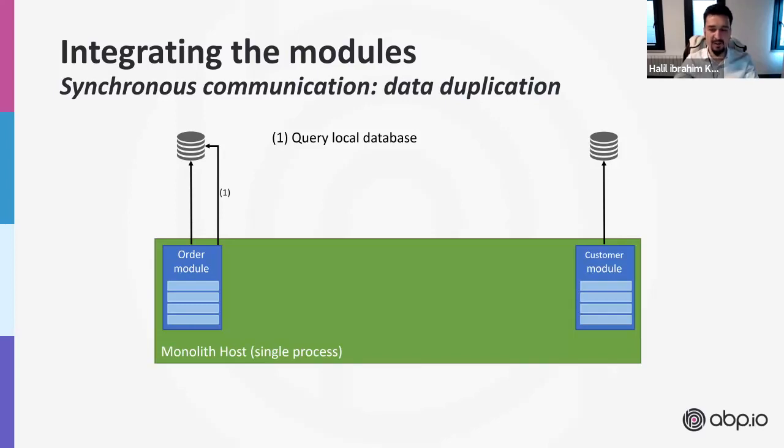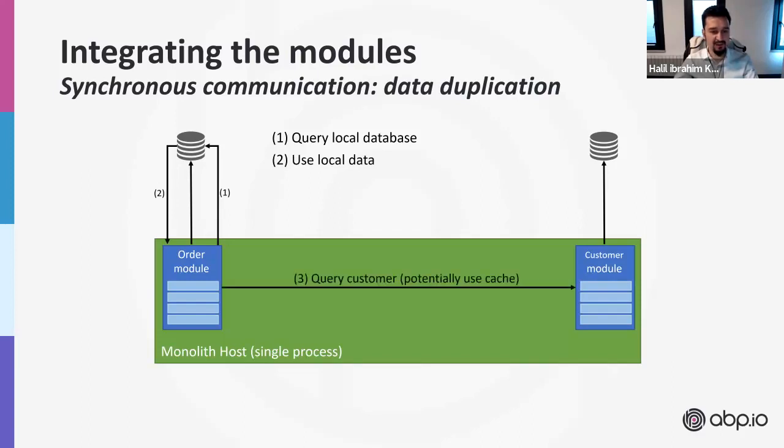If the customer is already in our local database, that means a copy of the customer table, we can just use the local data. If it's not found in the local database, then we can query the customer from the customer module.